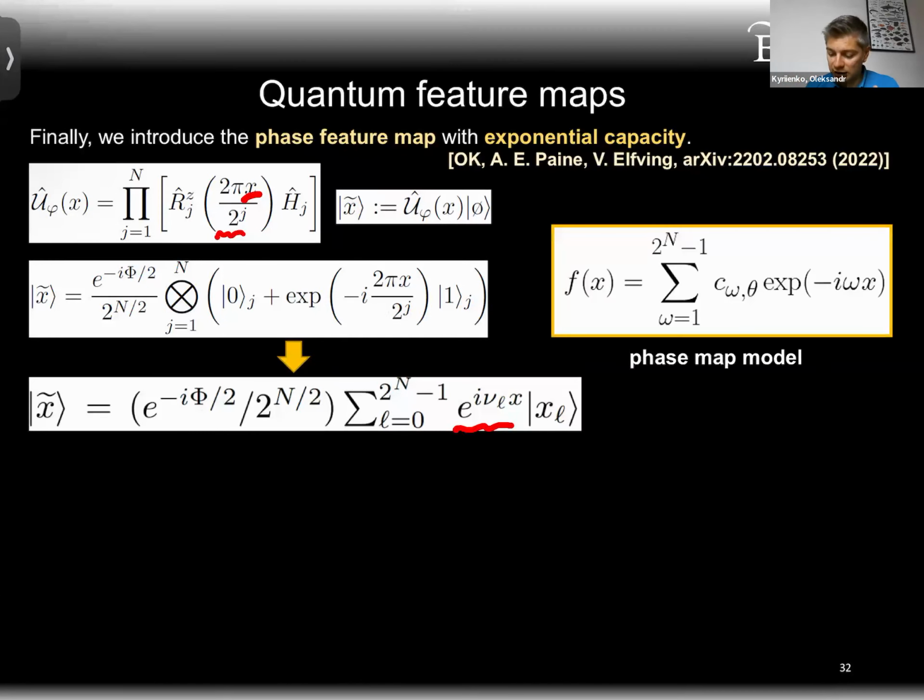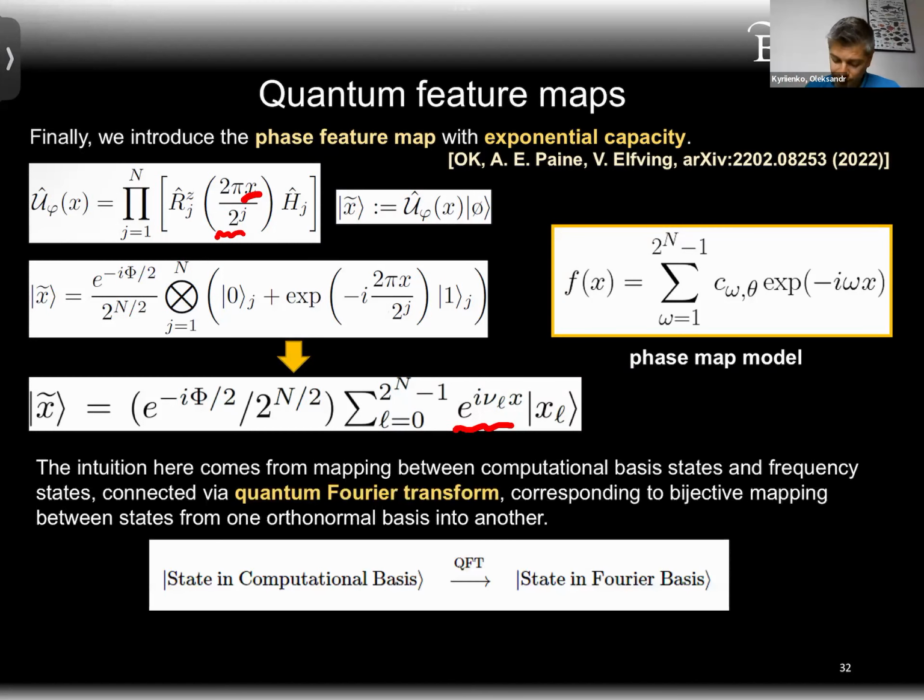So in the end, you have a model that looks like this: exponentially many frequencies and some coefficients c that are based on your variational ansatz or generally a quantum circuit.